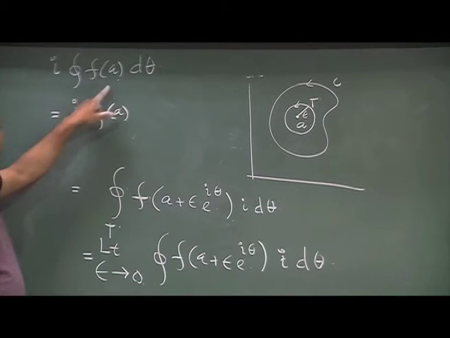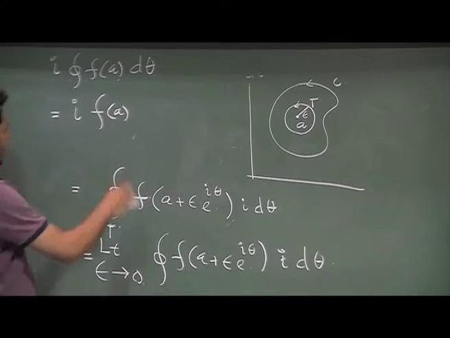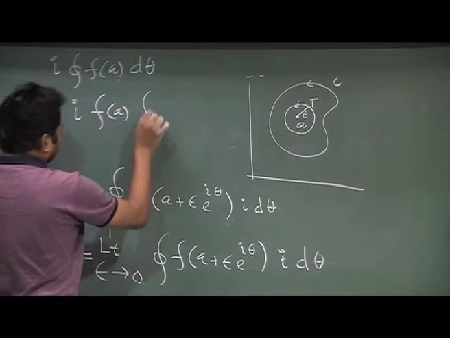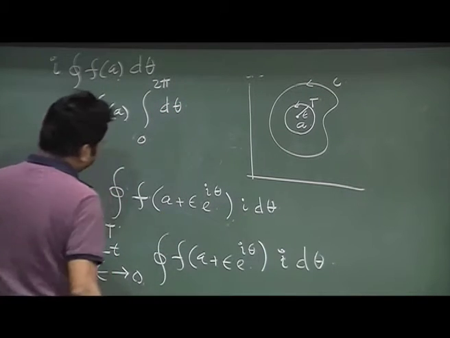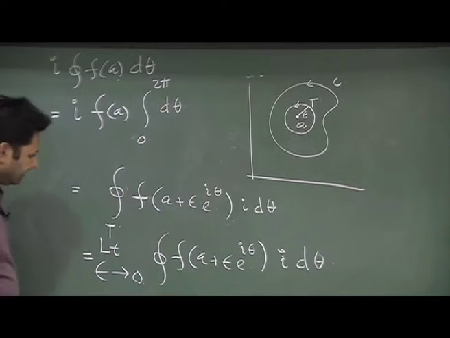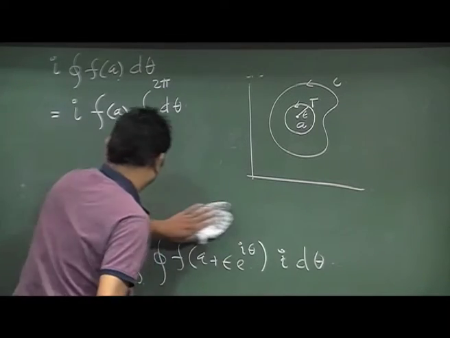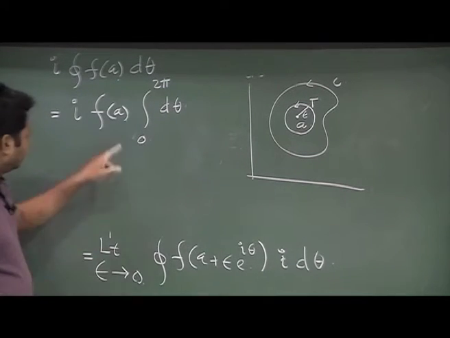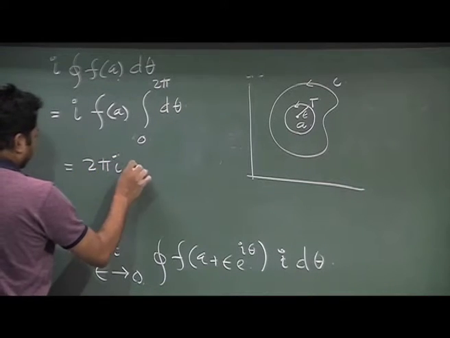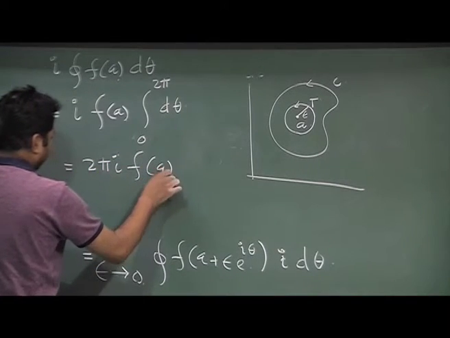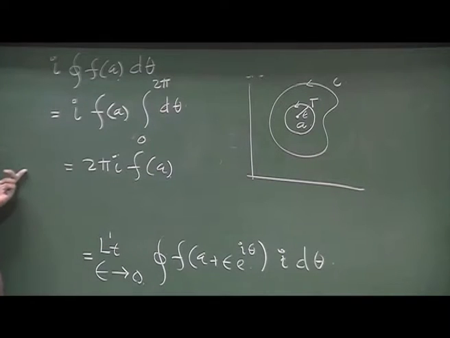So, we will take this f a outside this integration, and then the integration limit will be just 0 to 2 pi d theta, and this quantity is nothing but 2 pi I f a. I erase this part. In the left hand side, what did we have?